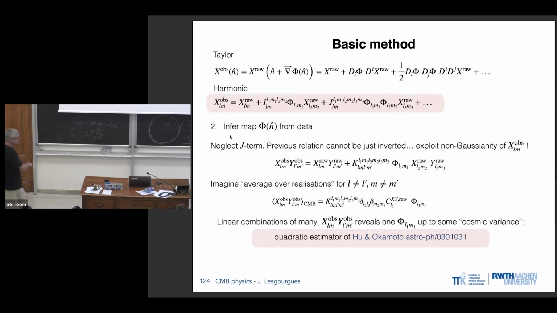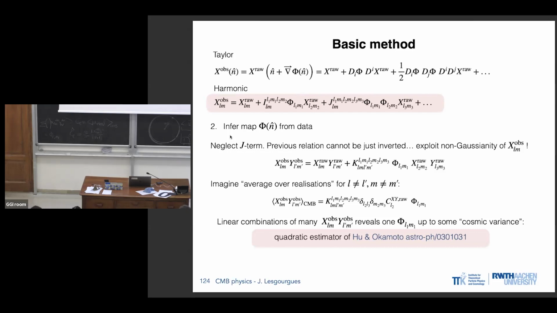And when you build such a combination, you build an estimator. It's a sum over many x, L, M ops, y, L prime, M prime ops, with a very complicated coefficient here, which is chosen such that the average of this sum over many realizations is one single phi L1 M1. So you do this just by algebra, by trying to invert this algebraic relation.